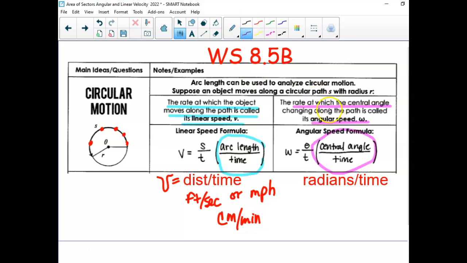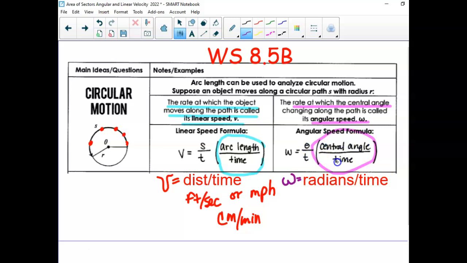The second one is an angular velocity, and they use the Greek letter omega. This just looks like a W to me, but we can just say W if that feels better. Is always radians per time, okay? They give you a formula here.